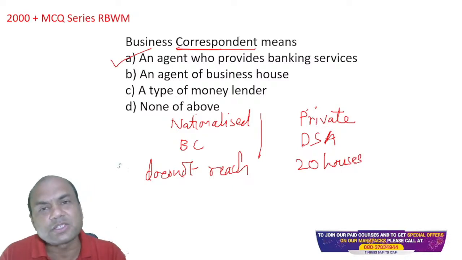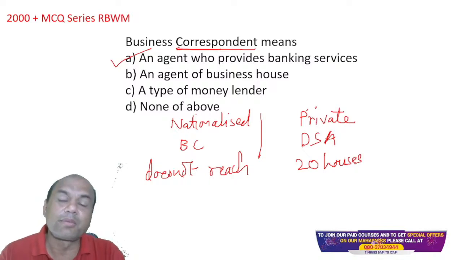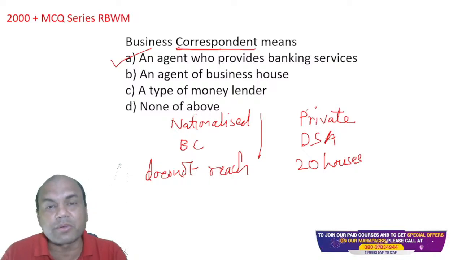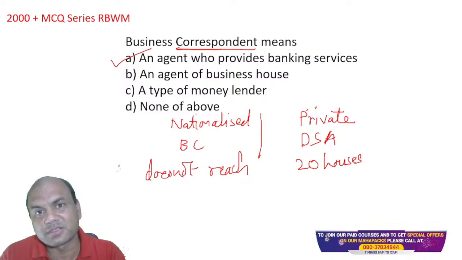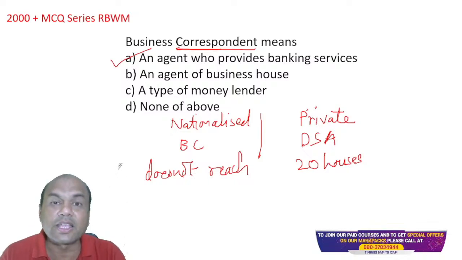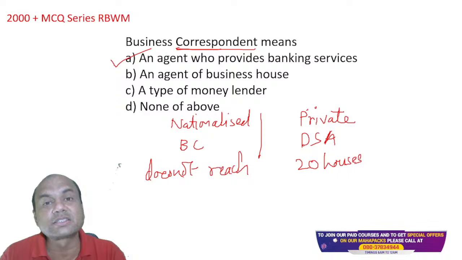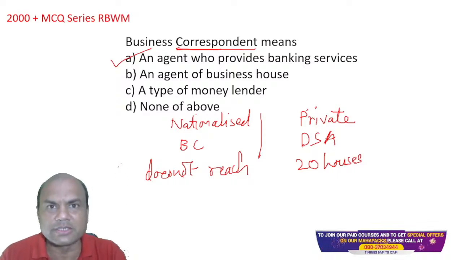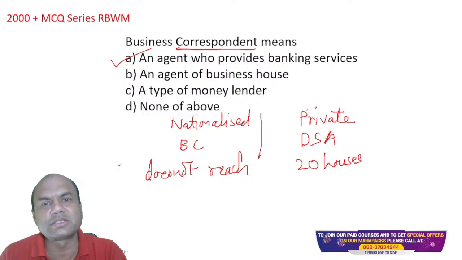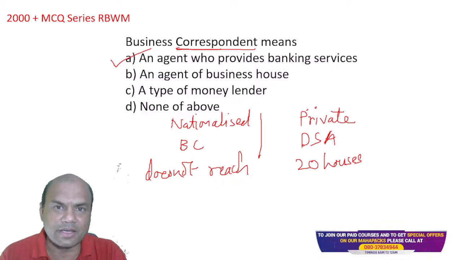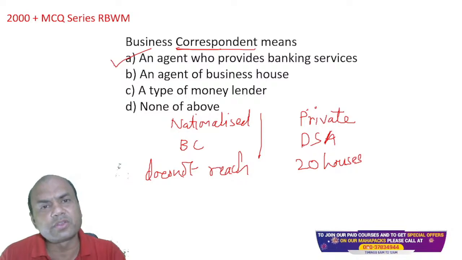Can you set up a branch there for a population of 500? You can't. Because if you set up a branch there, what will be the cost? Your salaries, running expenses, electricity, and the coming and going of employees, because they won't be living in that village. They'll be staying in the nearby cities. So what will be the cost?